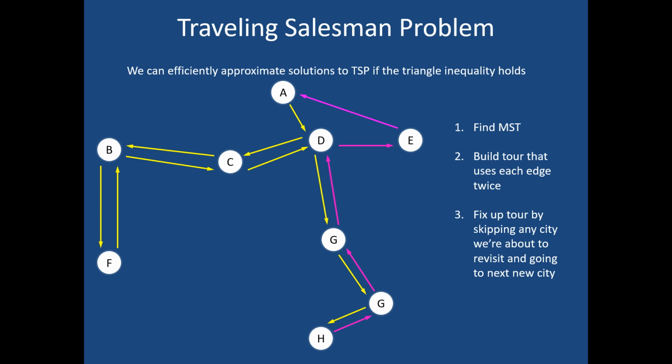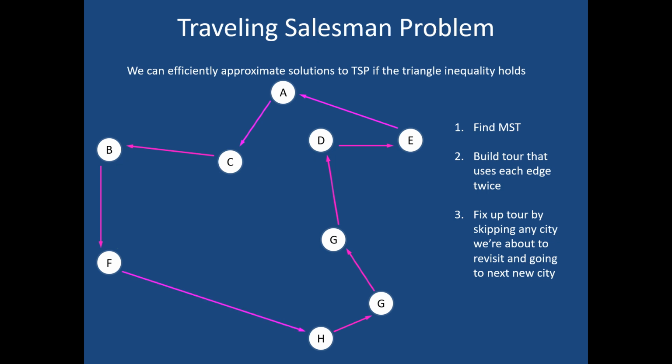It's less because of triangle inequality, right? So before we had to go from E to D to A, in this purple we can go directly to A. And if the triangle inequality holds, we found that's a shorter way. So we've improved on that yellow tour. So we go to D, we've been to D before, so go directly to C. B, F, that's no good because we've been there before.